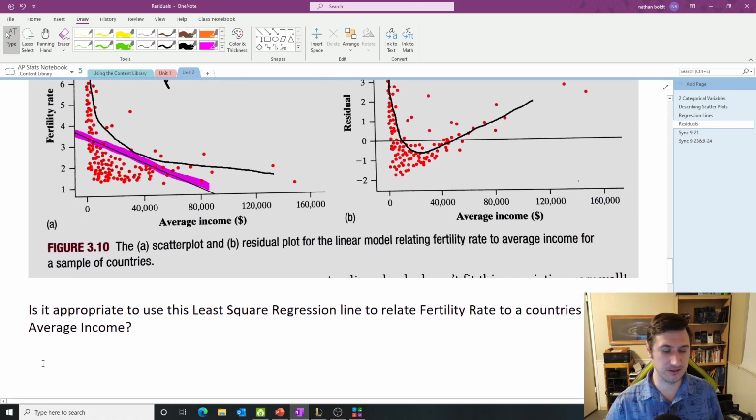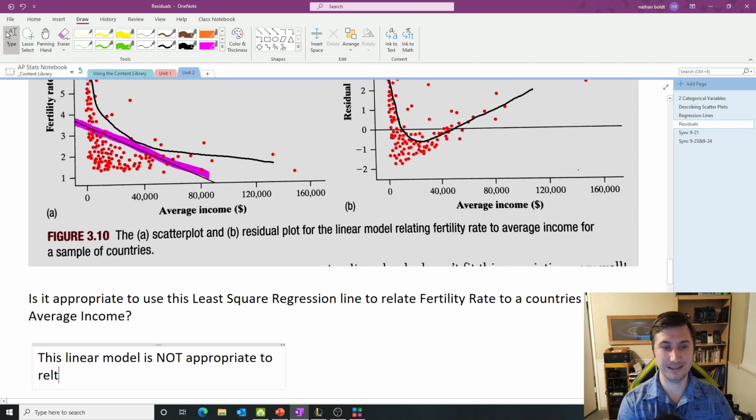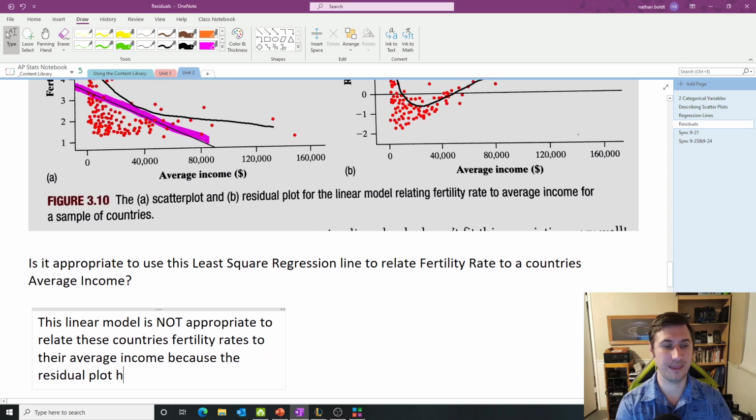Do not use this linear model. This linear model is not appropriate to relate these countries' fertility rates to their average income, because the residual plot has a definite curve/pattern to it.